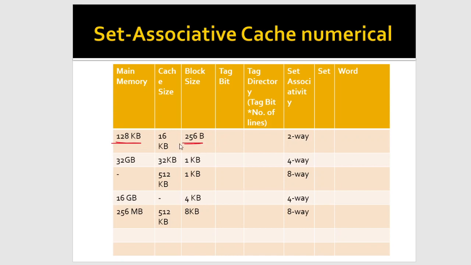Block size is 256 bytes. We first have to determine the word address: 2 to the 8, so this will be 8 bits. Then number of blocks in cache is how much? 16 KB divided by this much. 16 KB is 2 to the 4 and this is 2 to the 10.